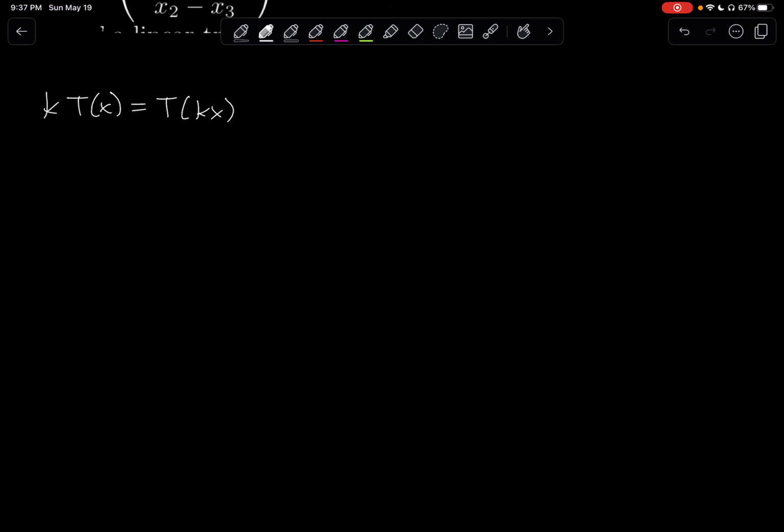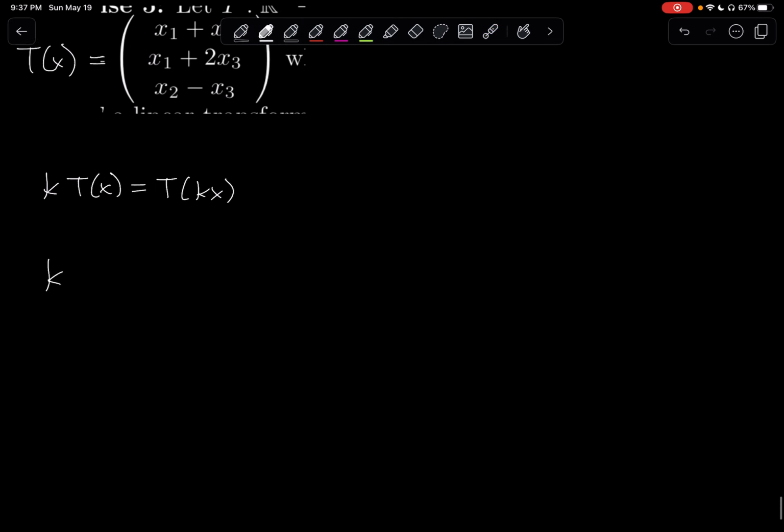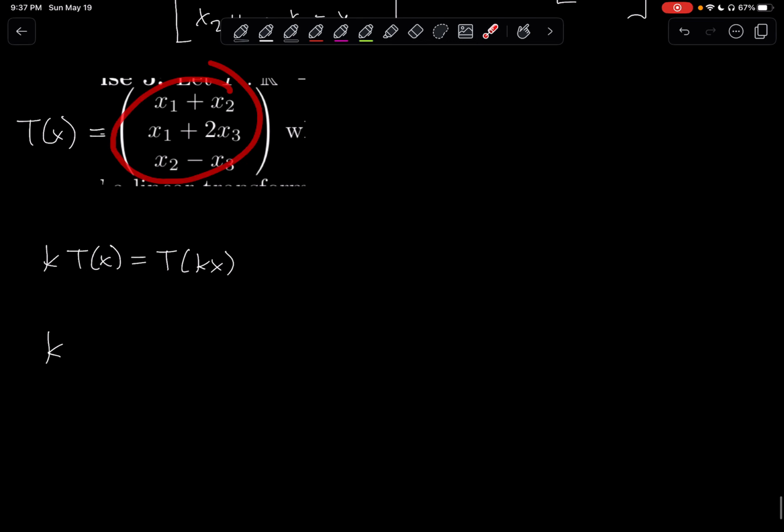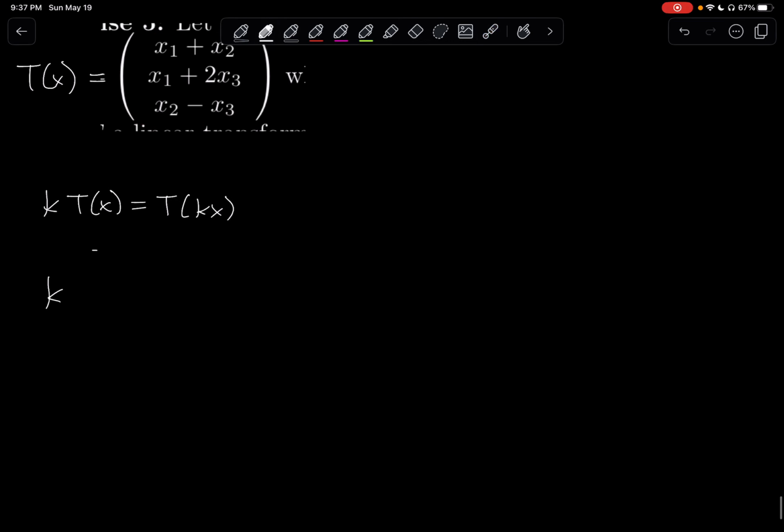On the left side, we're going to use the same x that we defined earlier, right? So I have k times what is T of x? T of x is literally right here, right? So k times x1 plus x2, x1 plus 2x3, and then x2 minus x3. What is that really equal to?